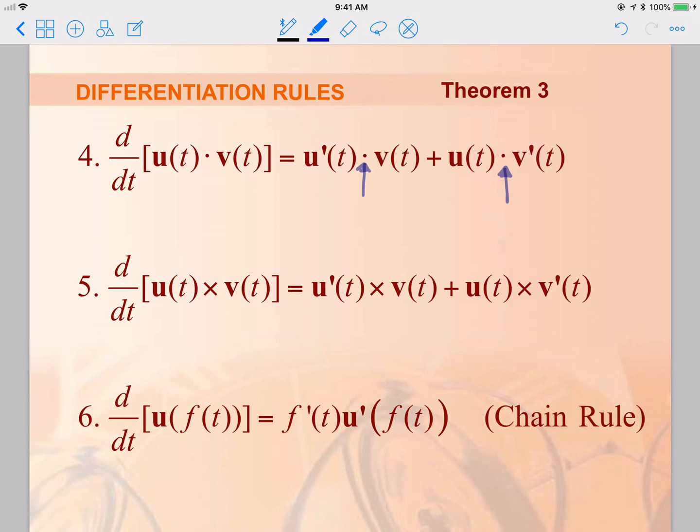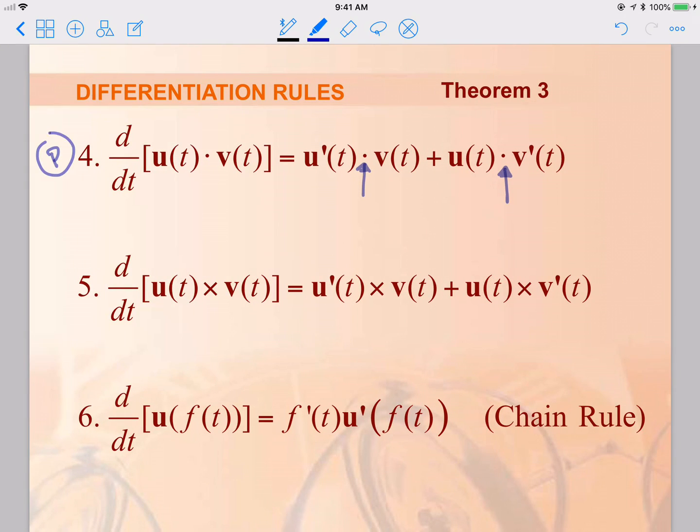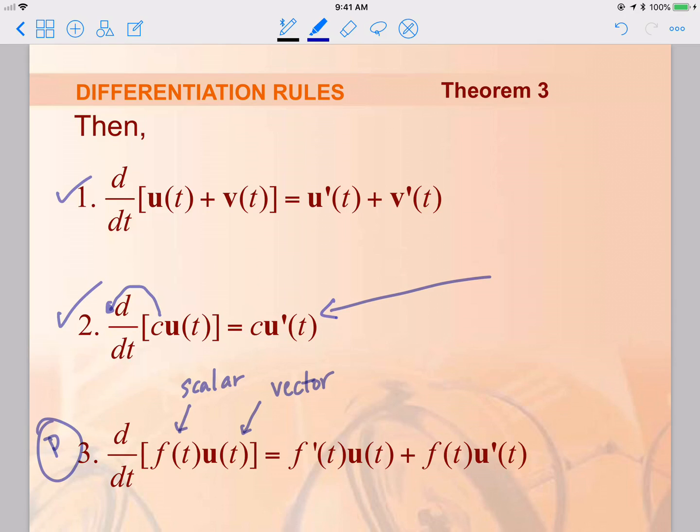Now the last one involving product rule, this is a product rule, this is a product rule, this is a product rule. Technically speaking, this is also a product rule because your function f of x could just be a constant c, right?